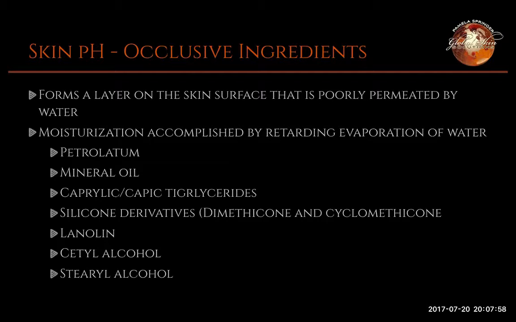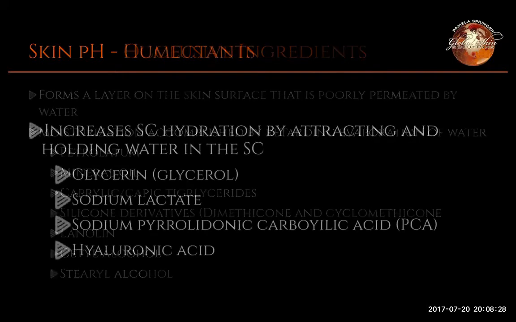So petrolatum, mineral oil. Now remember, this is for dry skin. Okay, triglycerides, silicone, like dimethicone, cyclomethicone, lanolin, cetyl alcohol, stearyl alcohol. Those are your two alcohols, your fatty alcohols. There's a big difference between the drying alcohol and the fatty alcohol.